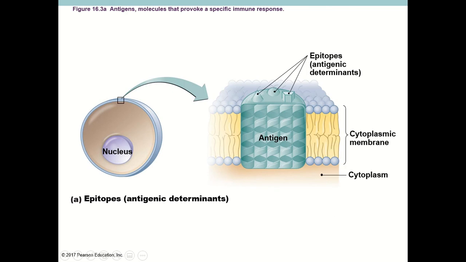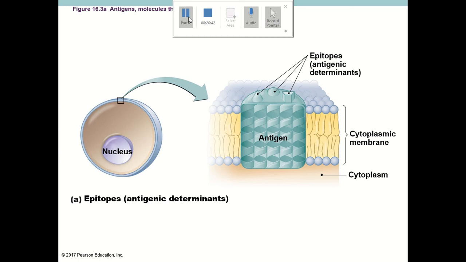But antigens don't have to be found on cells. They can also be found in protein products of viruses, bacteria, fungi, protozoa, and basically any microorganism that can cause disease will fundamentally release some sort of antigen that will trigger, once inside of a body, an immune response of the host organism.